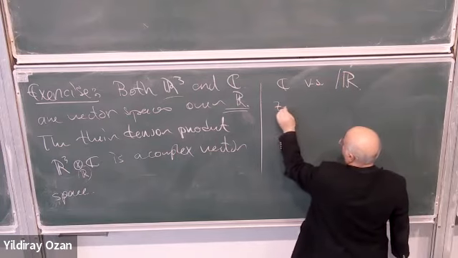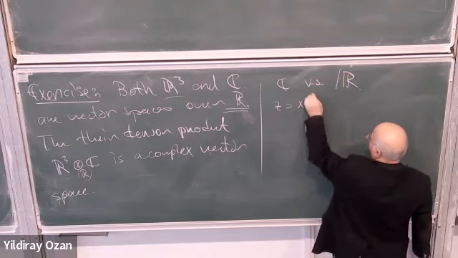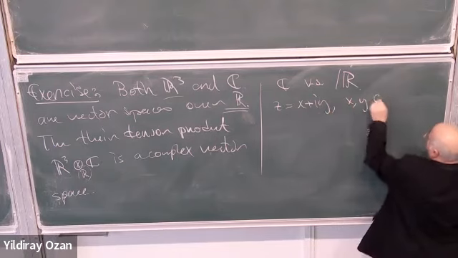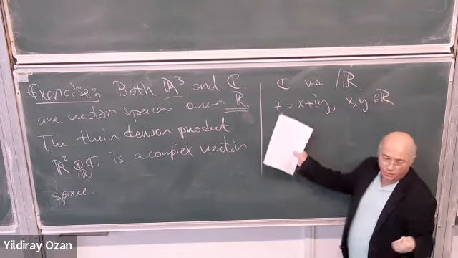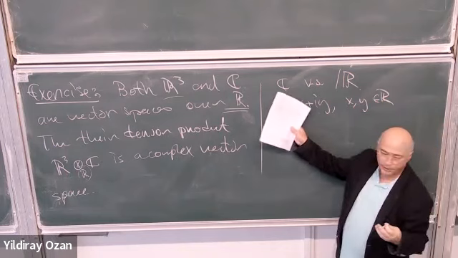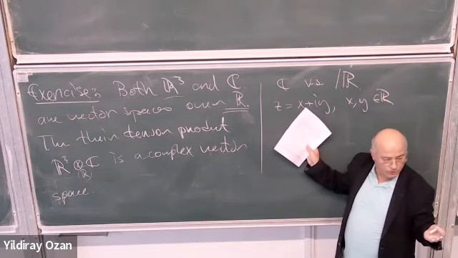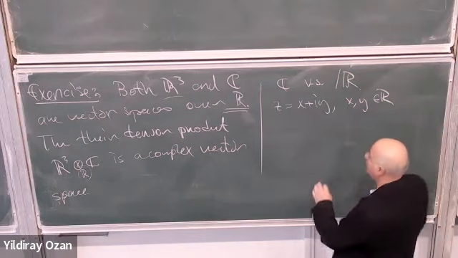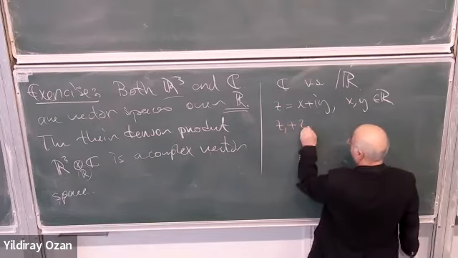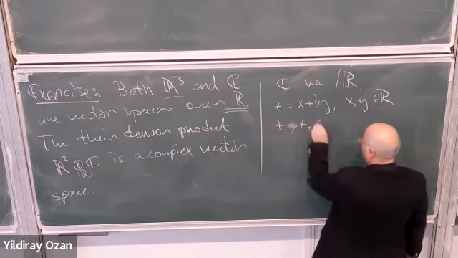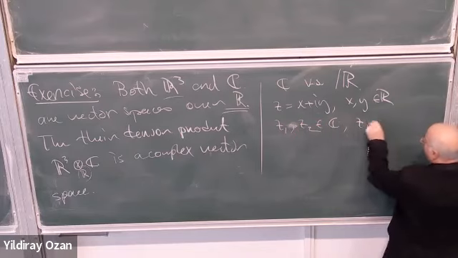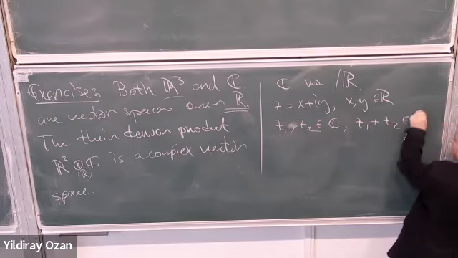Elements of this are just objects like this, where x and y are real numbers. And of course, the addition operation here is just the usual addition. If you have z1 and z2, you just add them as complex numbers.